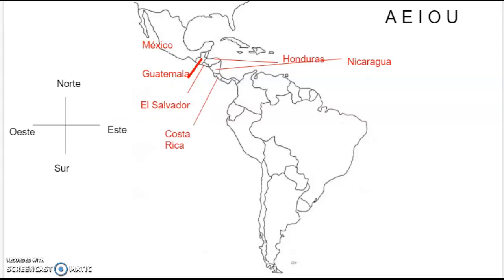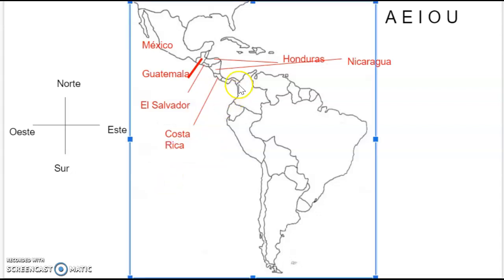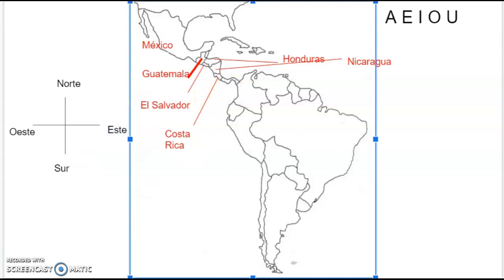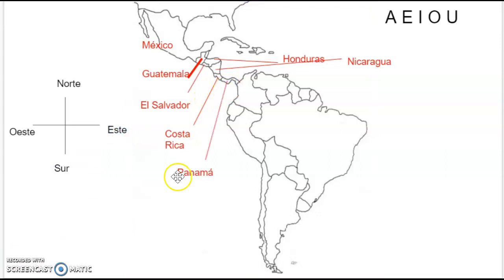Then tenemos Costa Rica. Costa Rica. Pretty much we say the same as in English and Spanish. In Español, we roll that R. We say Costa Rica. We roll the R because it's at the beginning of the word. Okay, and then I would say más o menos al este de Costa Rica está Panamá.